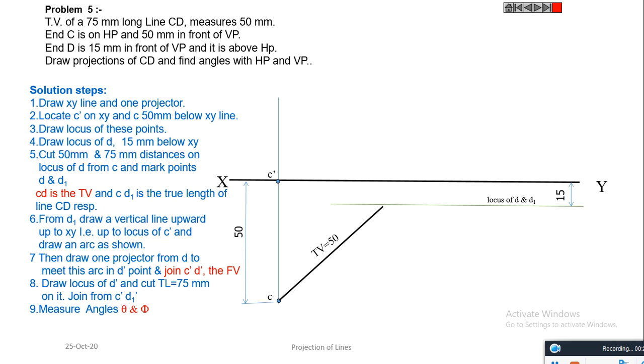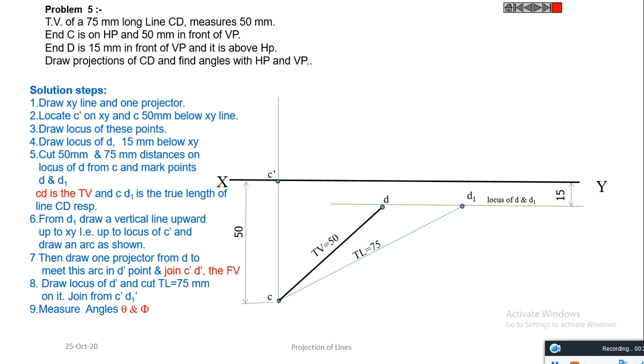So take a distance of 50 millimeter from C and cut the locus of D and D1 to get the point D. Similarly, cut the true length 75 millimeter from C to get the point D1.